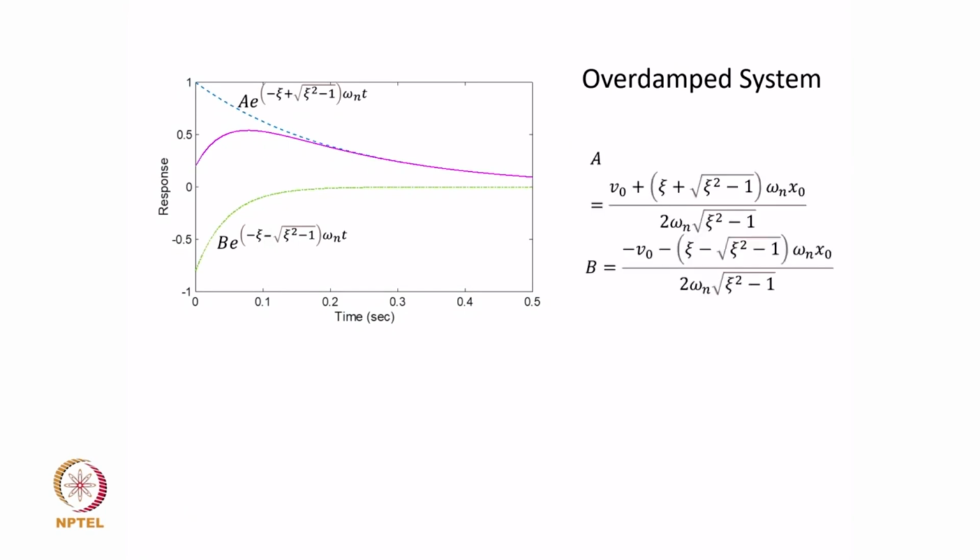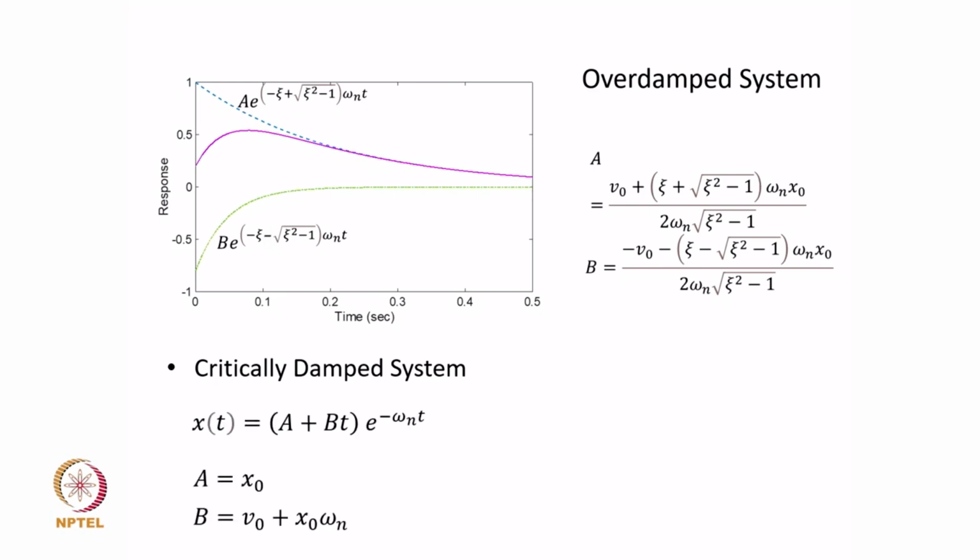Again, here as you see, the overdamped systems will have their expressions for A and B, the two unknown constants, obtained from substitution of initial conditions like this. Then you have a threshold damping case where the system is critically damped, which means that zeta, as I mentioned, is equal to 1 for a critically damped system, and zeta greater than 1 for an overdamped system.